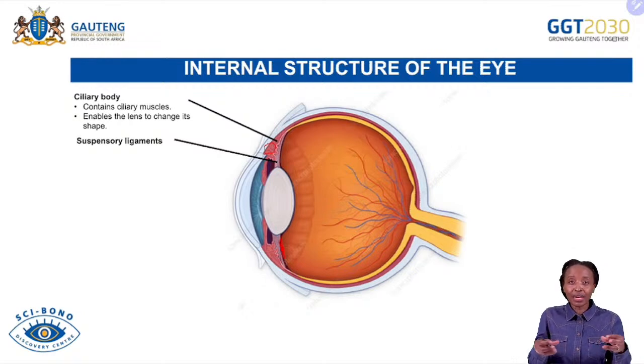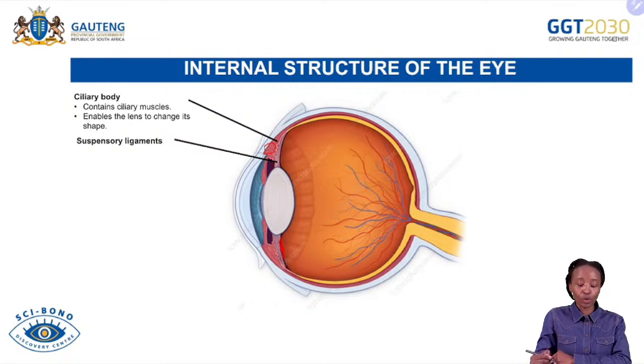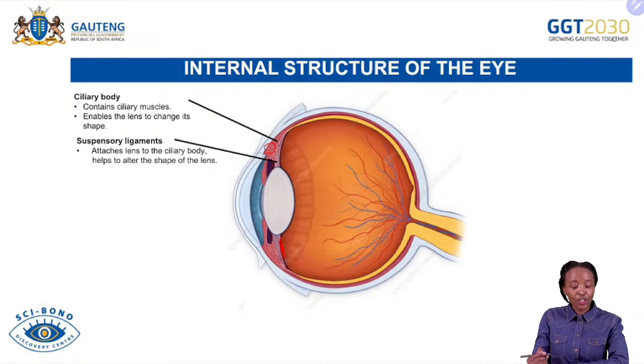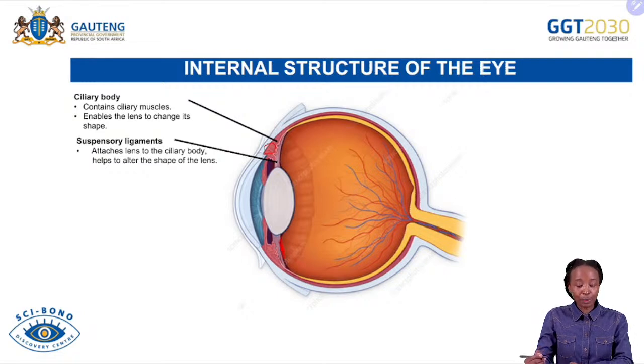And when they do that, they pull on the lens, or they collapse, so that the shape of the lens changes. And when that happens, the light rays are refracted differently, and the image is then formed on the retina. And that's the image that is sent to the brain. So the function of the suspensory ligaments, we are saying, is that it attaches the lens to the ciliary body, and it helps to alter the shape of the lens.